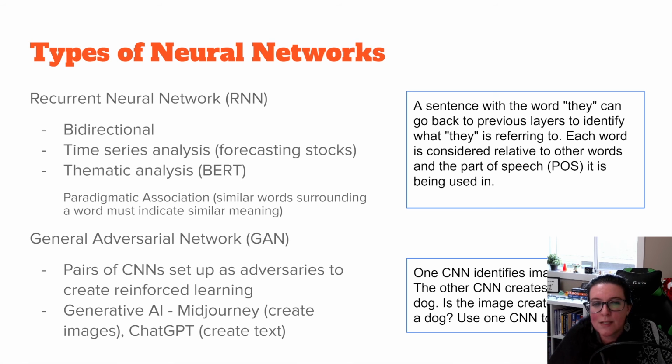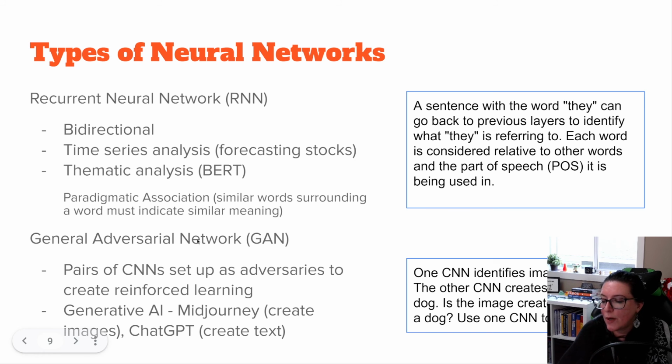And it looks at paradigmatic association. So similar words surrounding a word must indicate similar meaning. So we're looking at different parts of speech. We're looking at where words are positioned relative to others. So as we said, we could identify what the "they" is in the sentence. So recurrent neural networks are going to be used for analyzing more sentences, themes, and documents in more detail.